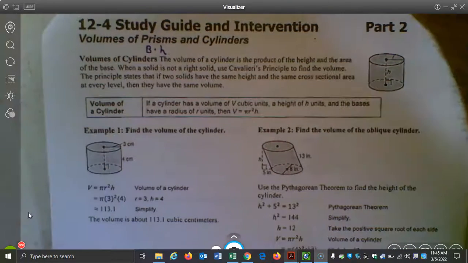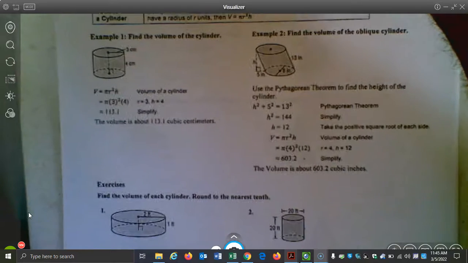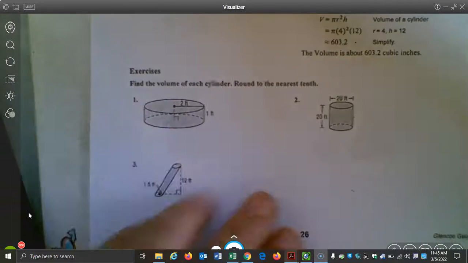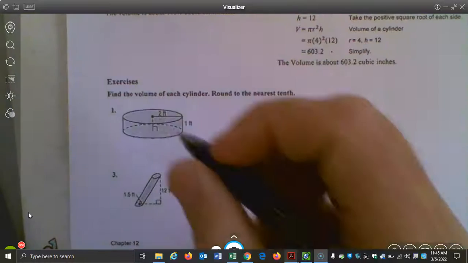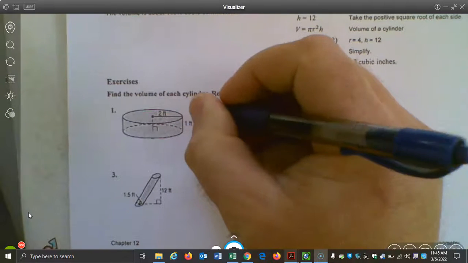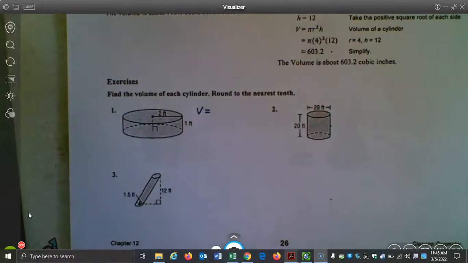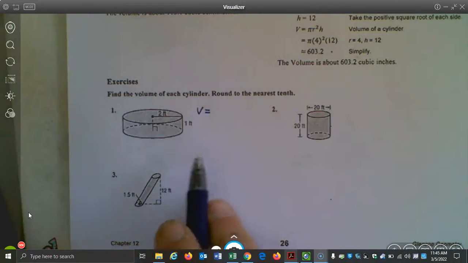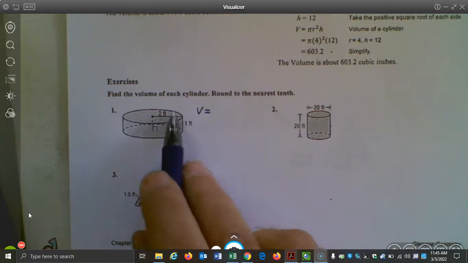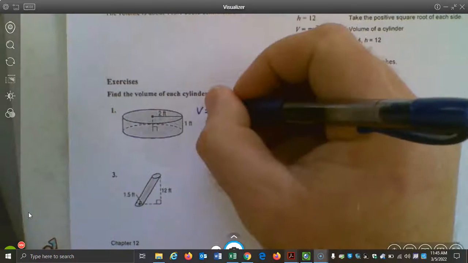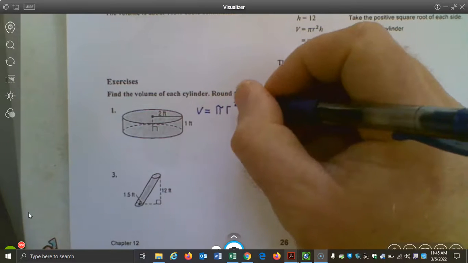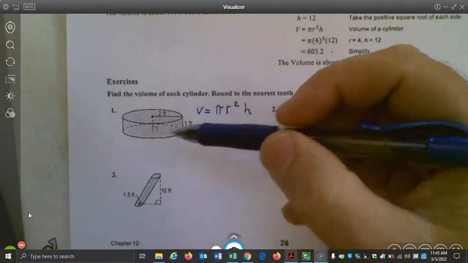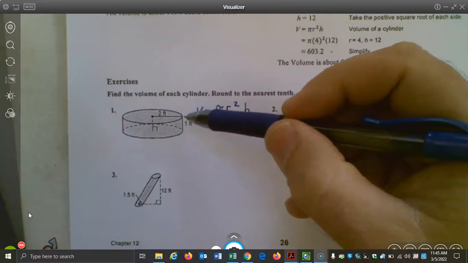So I'm going to jump on down to a couple of these guys. Pretty much going to be a pretty direct plug in and solve. You guys know that for these, I would still always recommend that you write the formula out first, and then show what is being plugged in. So we're going to do the area of the base, which is pi r squared, times the height, which is whatever connects your two bases together, right?